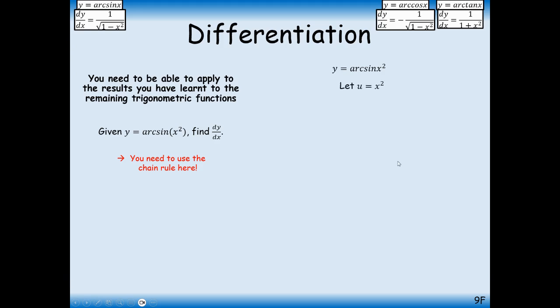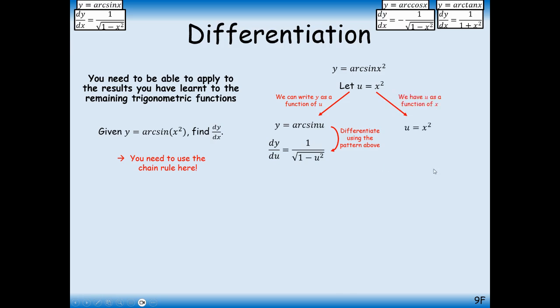So we're going to simply say u is x squared, we find the derivative of y with respect to u, and we multiply that by the derivative of u with respect to x. So this expression we figured out a few minutes ago how it was derived, so I'm simply using that result there, and the derivative of x squared is 2x.